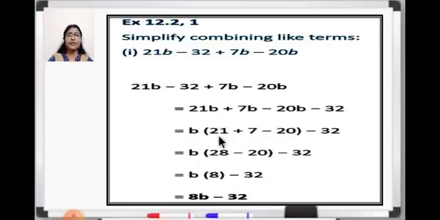We will solve it. 21 plus 7, you will get 28 minus 20 minus 32. And 28 minus 20, you will get 8. You can see here b 8 minus 32. And then we will rearrange it. You will write 8b minus 32. So children, this all you will have to write down in your maths notebook.